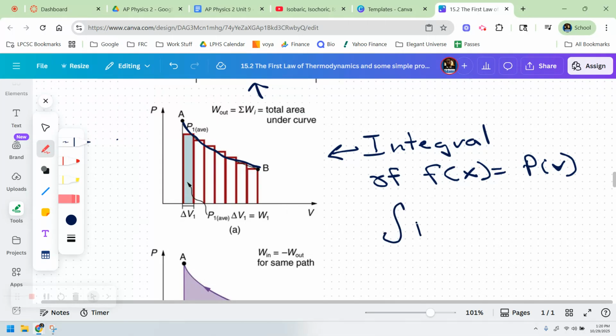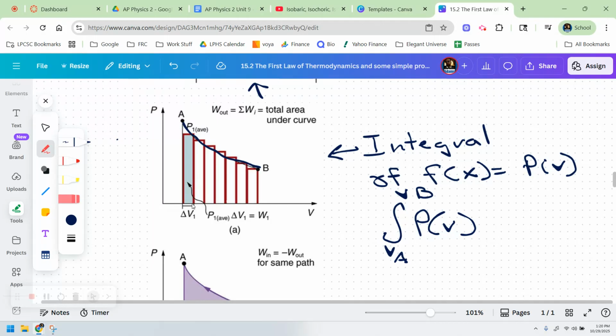Of P of V, oops, it still looks like an X, from volume A to volume B, whatever that is. Okay?